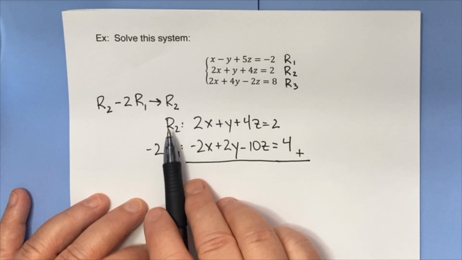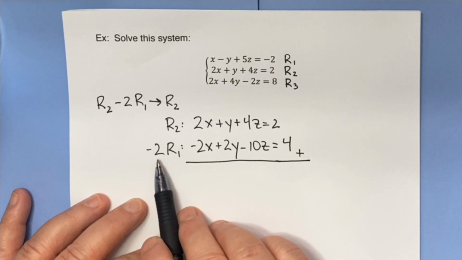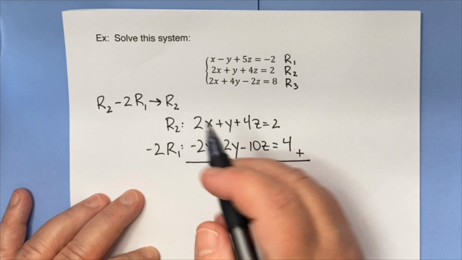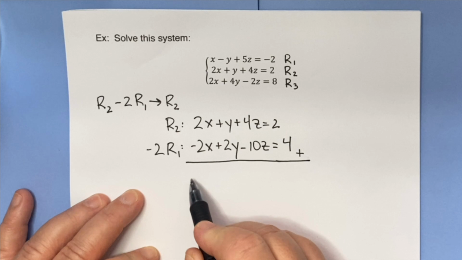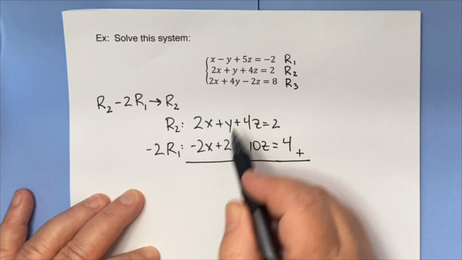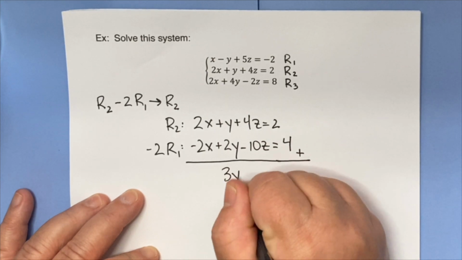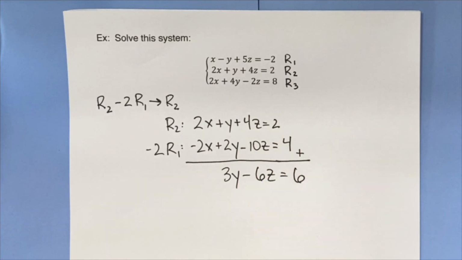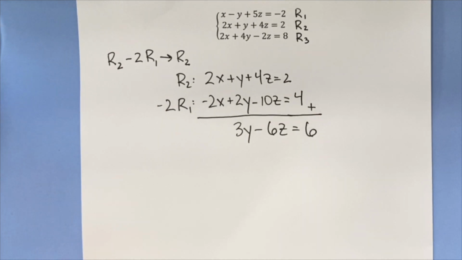Okay, so I'm going to take row 2 plus the opposite of 2 row 1, and that's going to cancel out my x's, so I get a big 0 there. Then I get 3y minus 6z equals 6. I'm going to take that and put that into row 2.